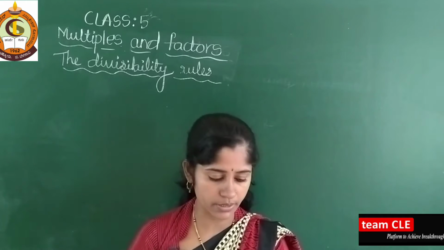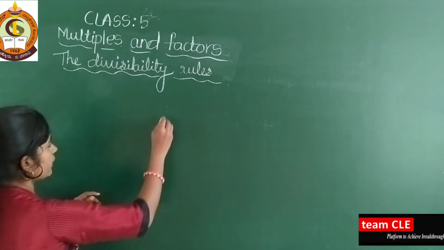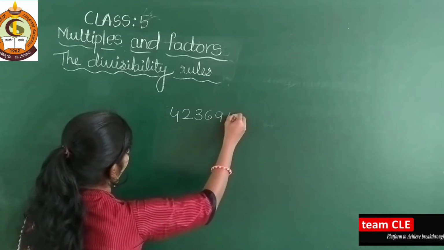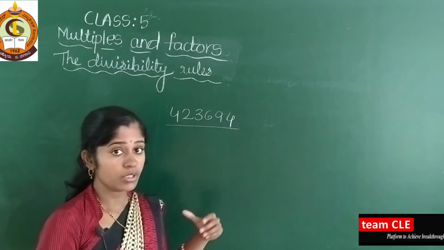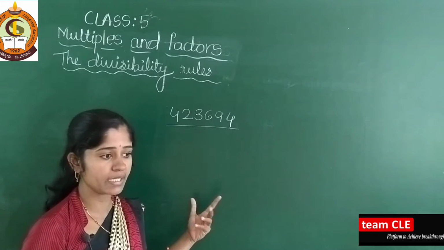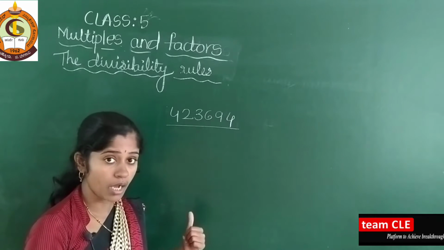See here, for example, I will take one big number, 423694. Yes, this is a big number, but I will tell you this number is divisible by 2. Without dividing, I am telling you this number is completely divisible by 2. How?